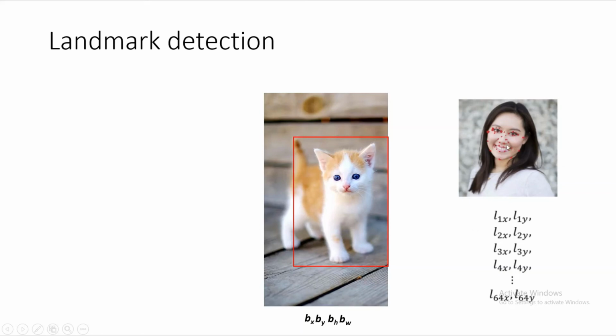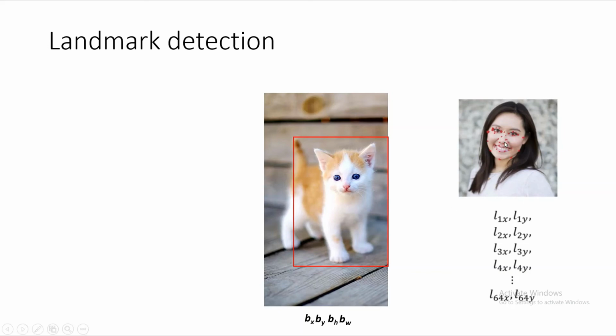Now if we want our model to tell us the 4 corners of the lips, the nose, or the eyes, then we can call the points the first, second, third, and fourth point, and so on.